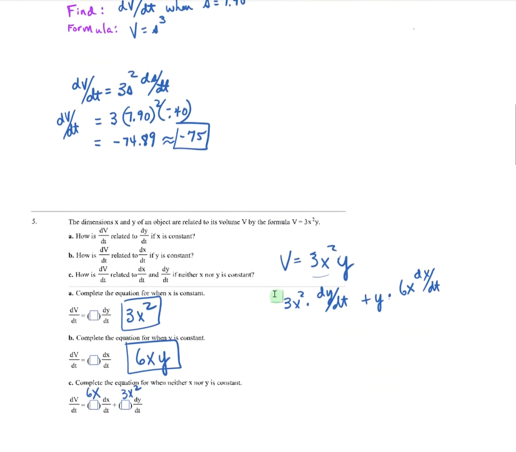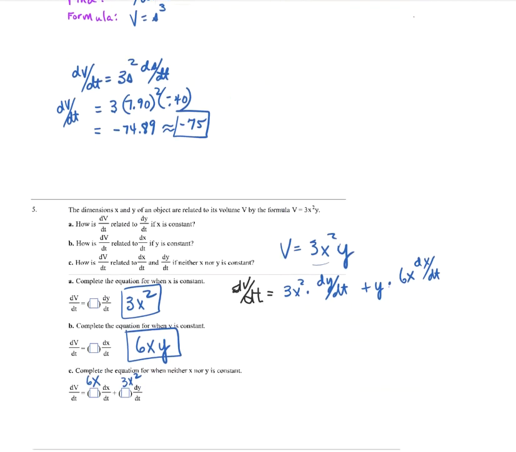All right, let's look at number 5. The dimensions x and y of an object are related to its volume V by the formula V equals 3x squared y. So here's this. And then it asks you to really think here about what if x is a constant, what if y is a constant, what if neither of them are constants.